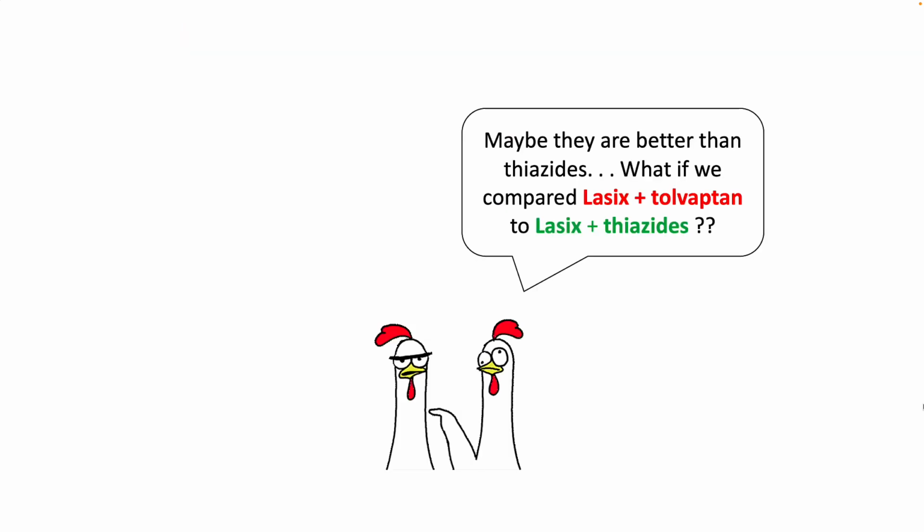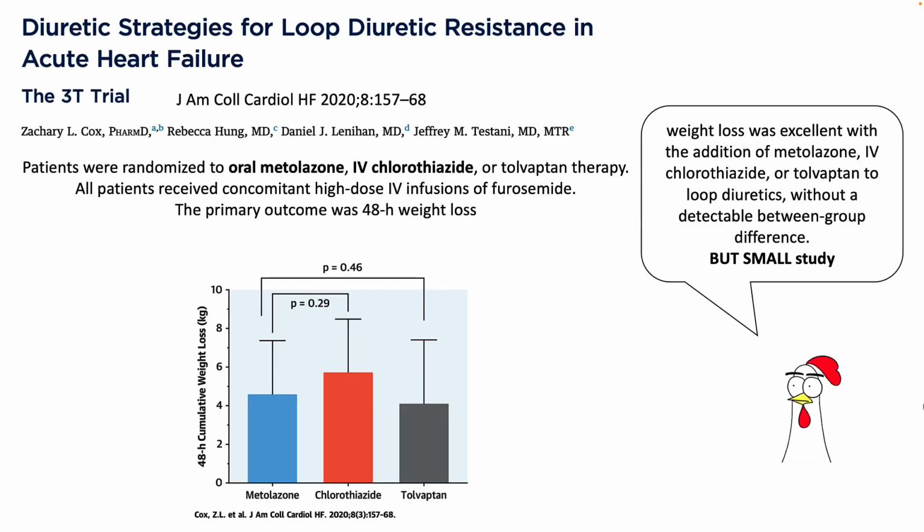Another common question to ask will be, will Lasix plus tolvaptan be any better than Lasix plus thiazides, which we talked about in our previous lecture. There is only one study which compares these two, the 3T trial, which compared oral metolazone, intravenous chlorothiazide, and tolvaptan, and it did not find any difference amongst them. However, it was a very small study.